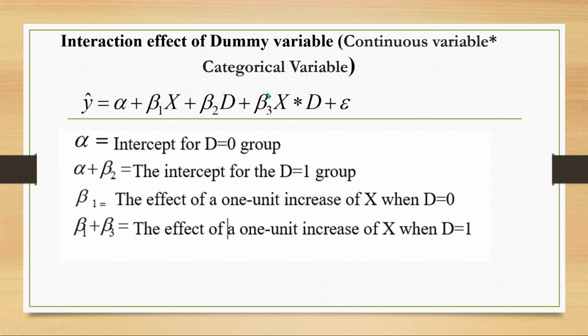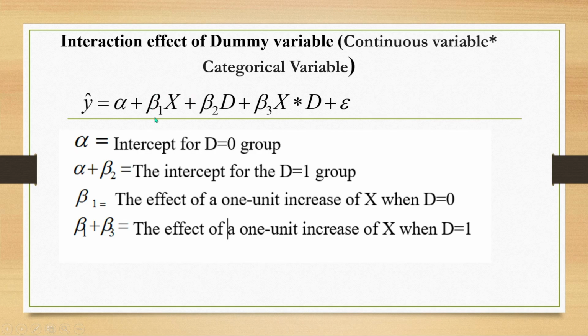That means if the base category of your dummy variable is male and the alternative category is female, then alpha plus beta 2 will represent the mean value of female, and alpha itself will represent the mean value of the base category, that means male.